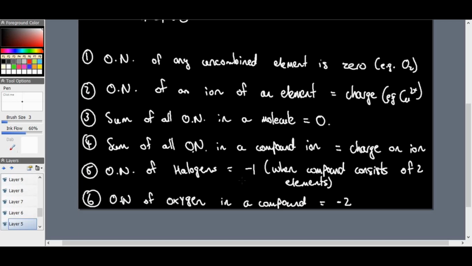Okay, we will take a look at a little bit of an example, and we'll look at another example, because what they like to ask is not, for example, what is the oxidation number of so and so.